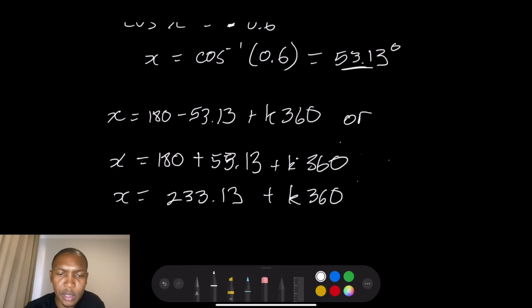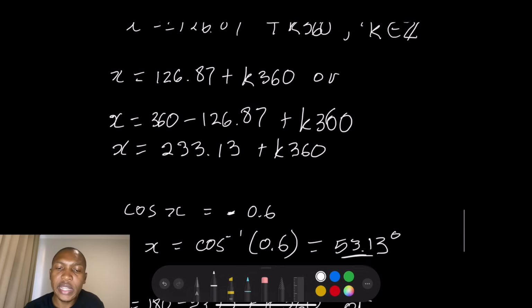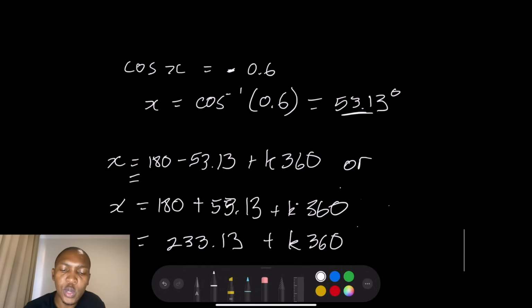So I actually didn't give the one for this one. 180 minus 53.13 was exactly the value that we got, that was 126.87, plus k360.